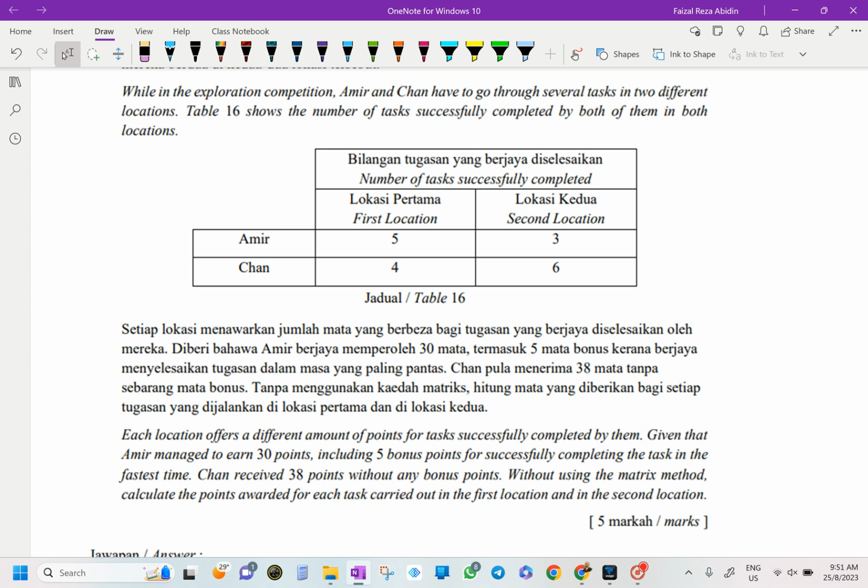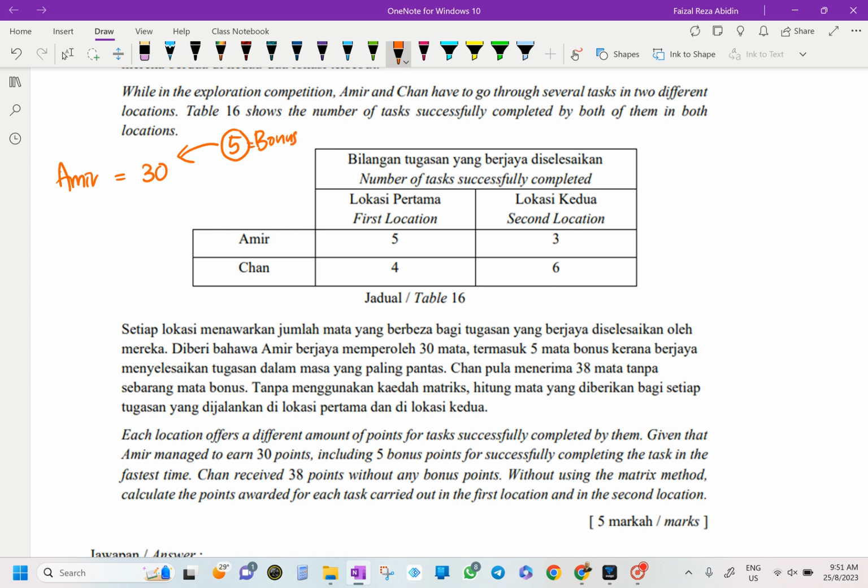Given that Amir managed to earn 30 points including 5 points. Here, Amir getting 30 marks means that it includes 5 marks, which is going to be a bonus. The bonus mark is 5.